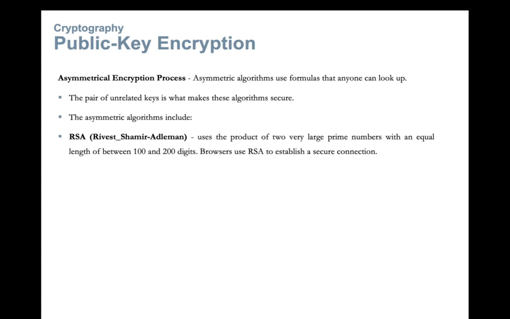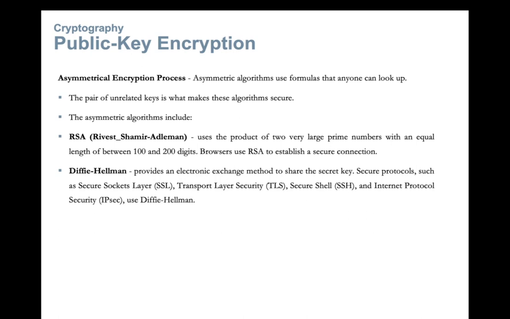The asymmetric algorithms include RSA, Rivest-Shamir-Adleman, which uses the product of two very large prime numbers with an equal length of between 100 to 200 digits. Generally, browsers use the RSA algorithm, a public key algorithm, to establish a secure connection.